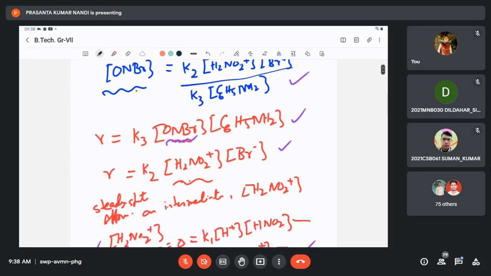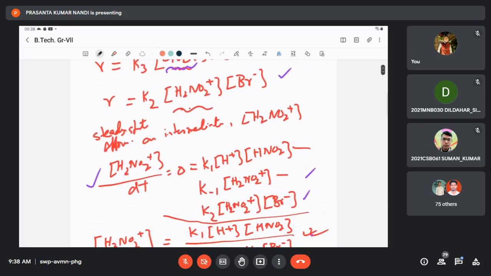Now we apply the steady state approximation to the other intermediate, that is H2NO2 plus. We can write the rate of formation of this intermediate, which appears in three reaction steps.